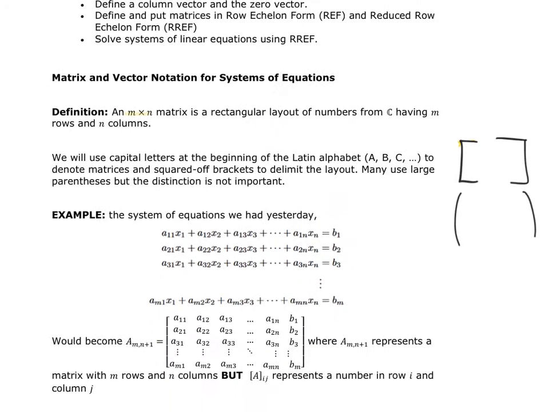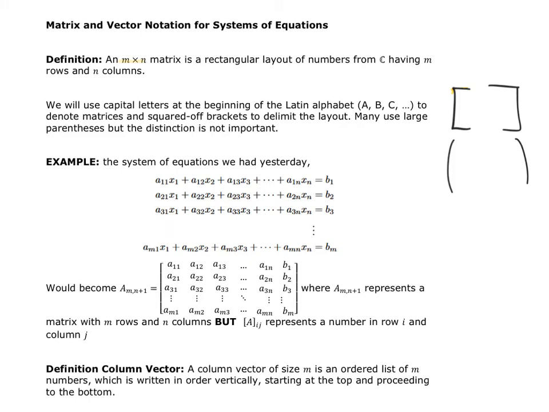So if we take a look at the system of equations that we had yesterday, this particular system of equations would become an M by N plus 1 matrix. This position, which is the A11, means I am in row 1, column 1, and it comes from the first coefficient of the first equation. A12 is this A12, and so on.